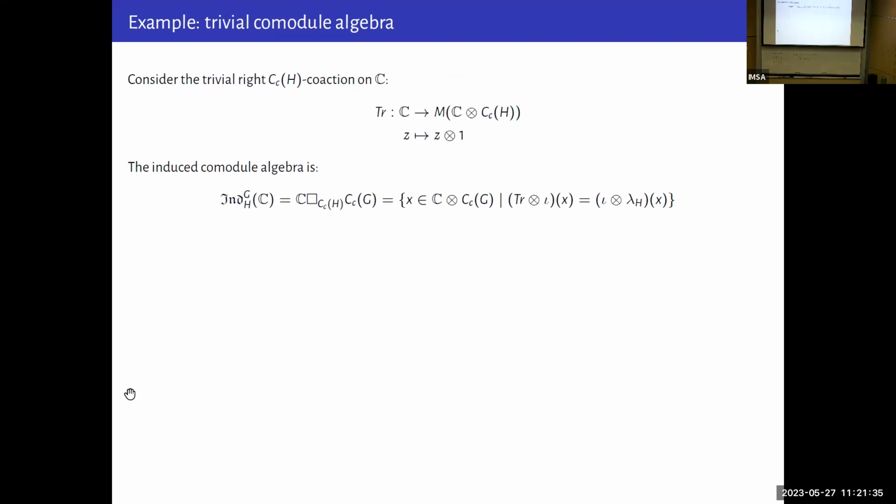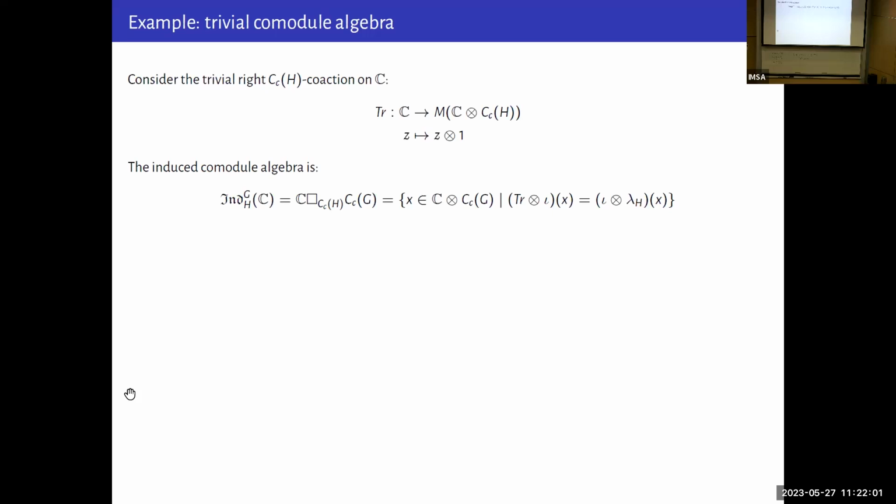Let's consider the trivial comodule. That is, we consider the trivial right coaction of C_c(H) on the complex numbers. We send a complex number to the number tensor 1. This is an element of the multiplier algebra. And by definition, our induced comodule algebra is given by the cotensor product.